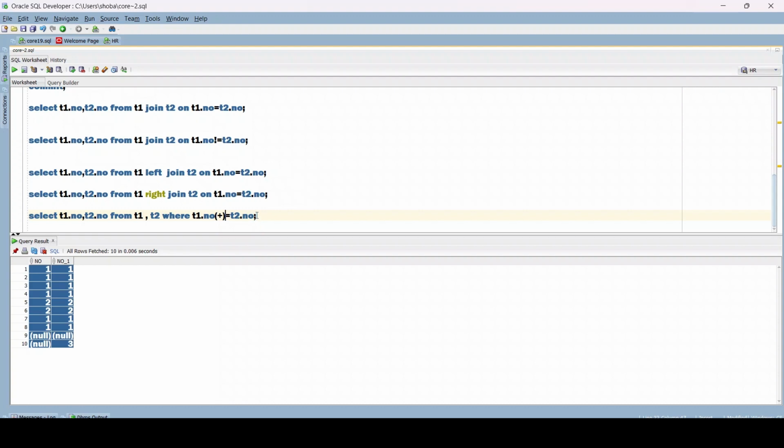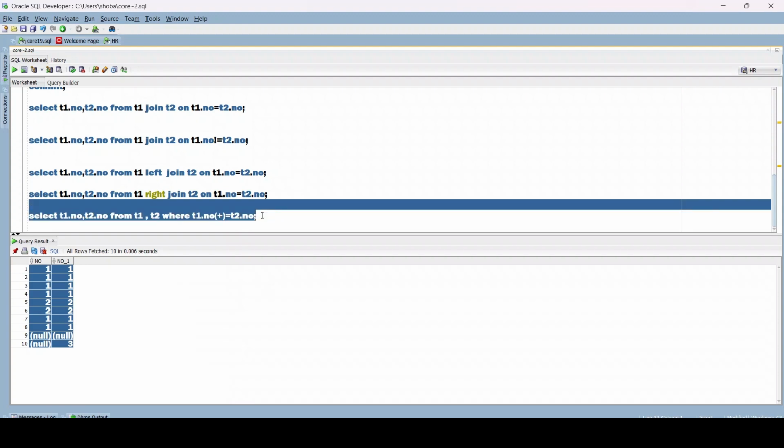If it is a left join, this plus icon in brackets you want to use at the end of the statement, before the semicolon. Now select the statement and run it.